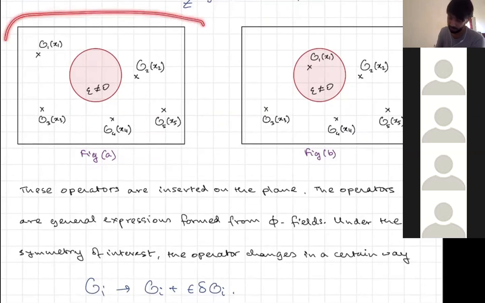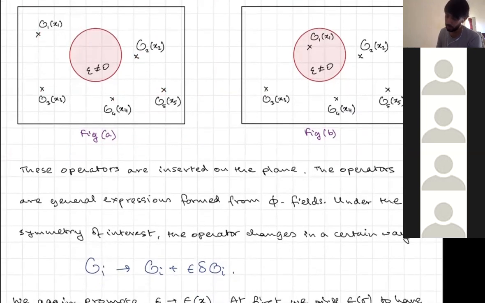We are looking at figure A first. So what are we doing? We are going to put these insertions on a plane, and these operators are general expressions which are formed from the field phi.